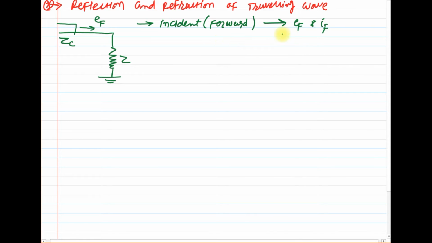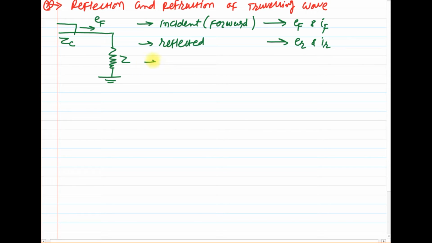So I can say that EF and IF are the forward voltage and current wave. Next is reflected voltage and current wave, which is denoted as ER and IR. So for the ER and IR, I can say it is the reflected voltage and current wave.